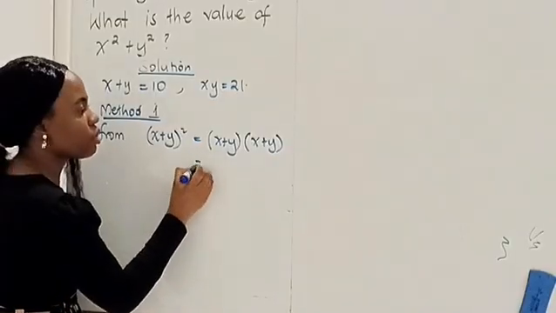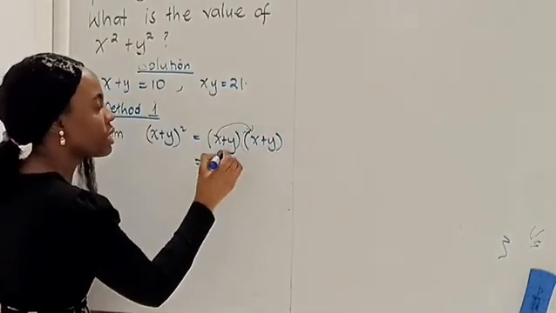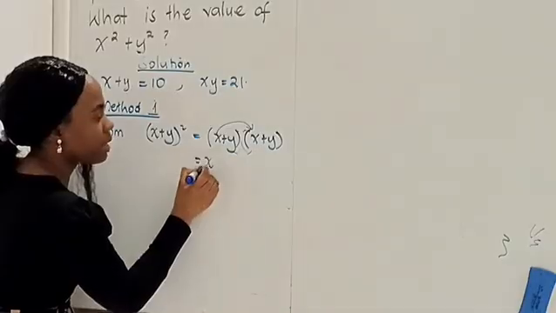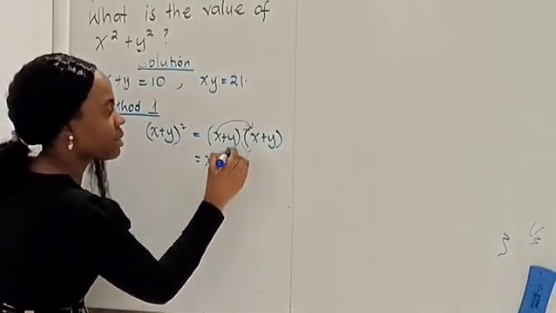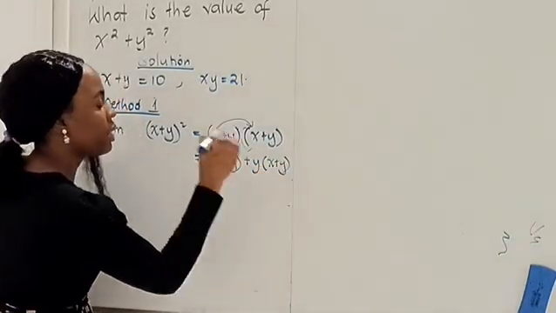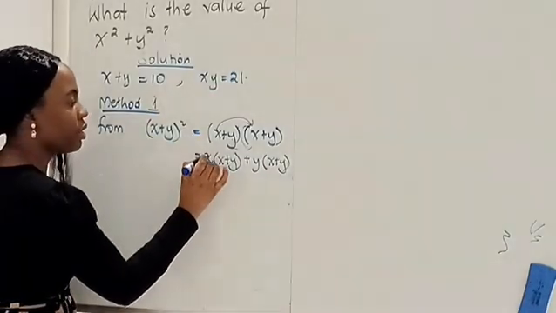And this is equal to, this term will multiply that bracket, all of it, and then this term will also do the same. So this is going to be x into x plus y plus y into x plus y. Now let us open brackets and distribute x and y respectively.